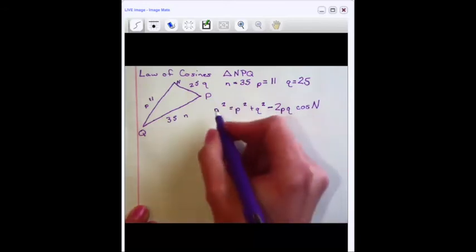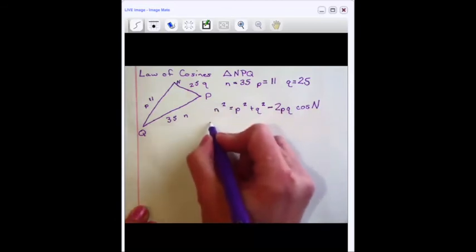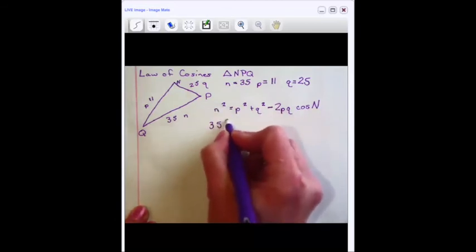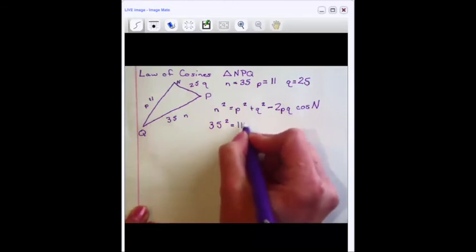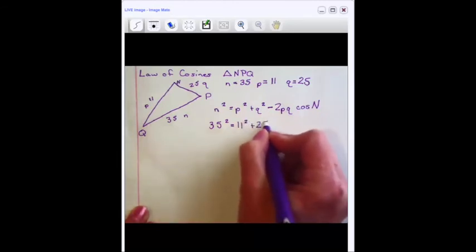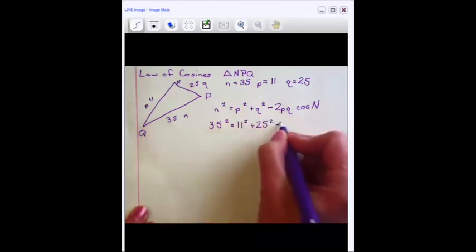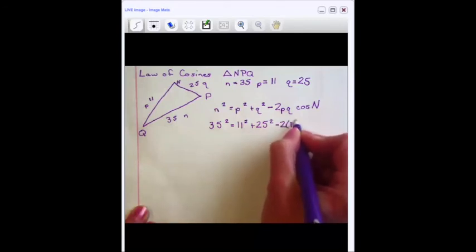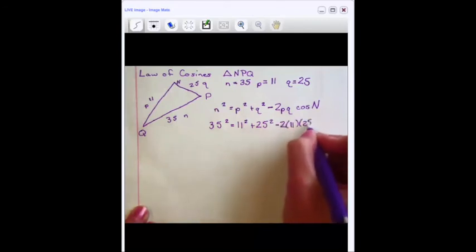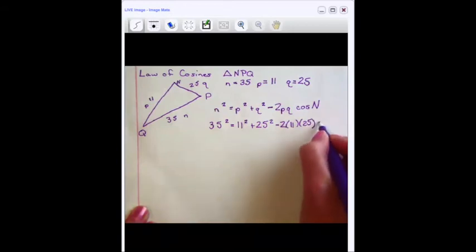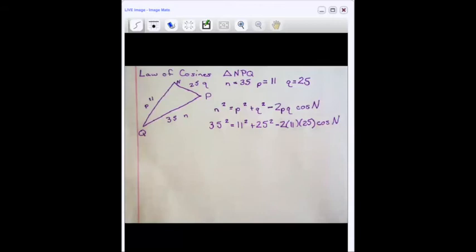So let's plug these in and see what happens. Okay, so that's what happens when we plug all of those pieces in. Now let's simplify it so that we can solve for the missing piece.